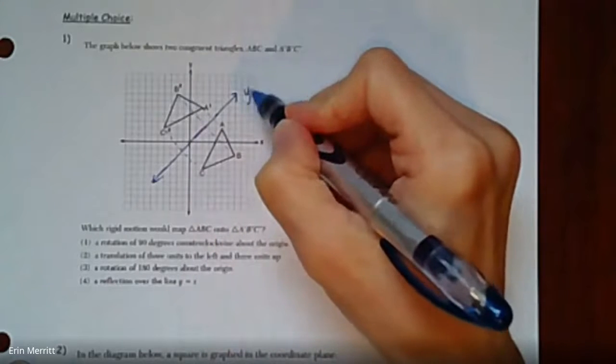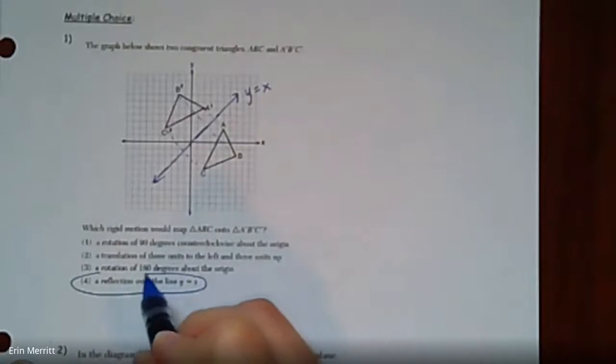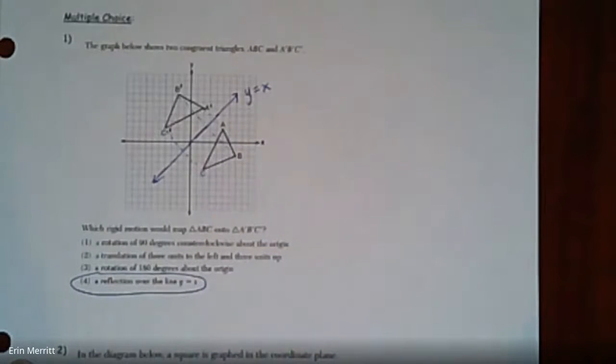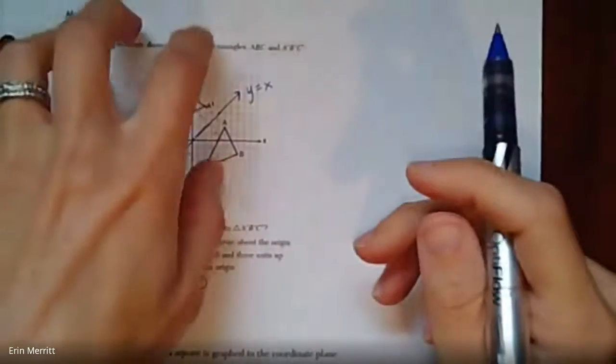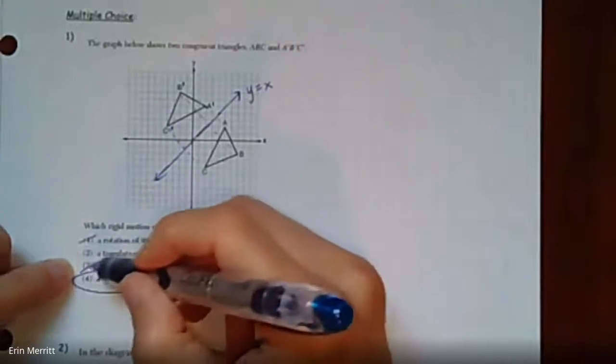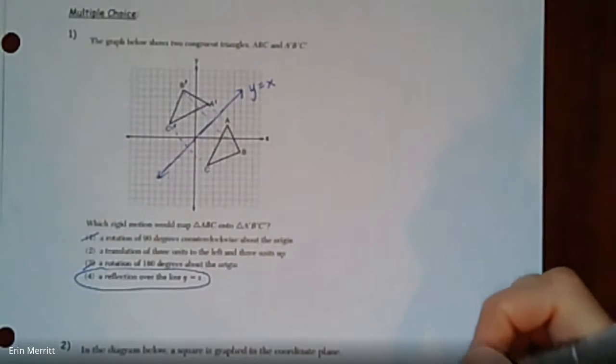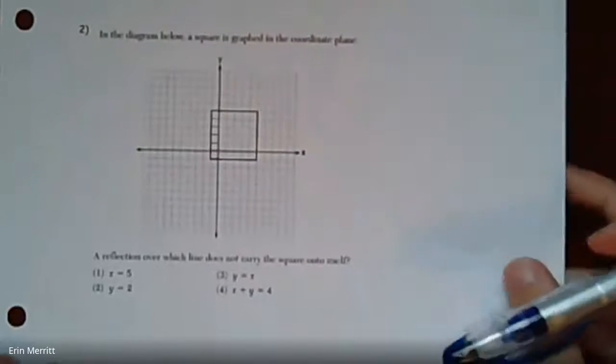And that is the line y equals x. And now without even doing all the other ones, a rotation would require seeing that picture spin. And so it's not spinning over, which means we could get rid of the two rotations. Translations we will talk about soon enough. The idea of kind of just shifting and sliding a graph.